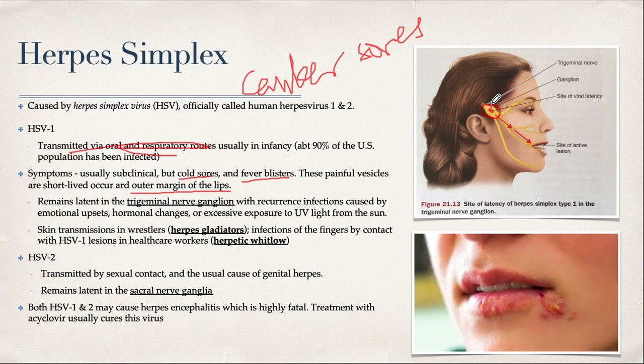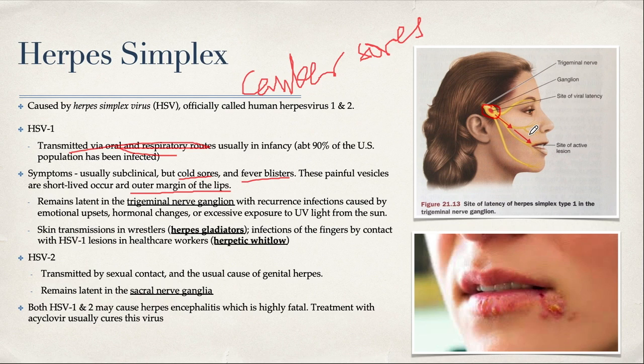So once it's reactivated, it travels to the areas around the mouth, and that's where the sores present. And so it remains in the trigeminal nerve, and then you have a recurrence due to hormonal changes or emotional changes or any other external condition that may cause that.